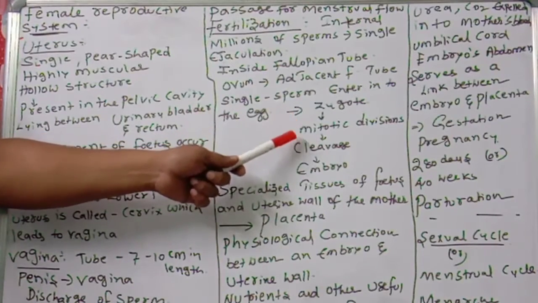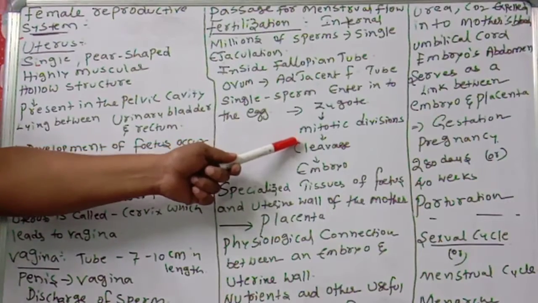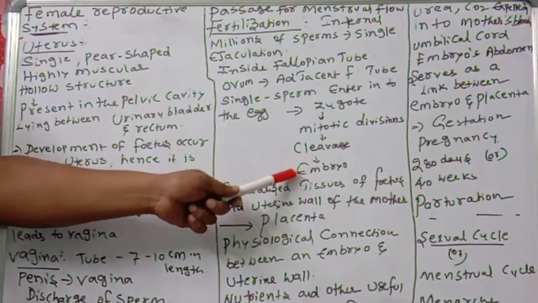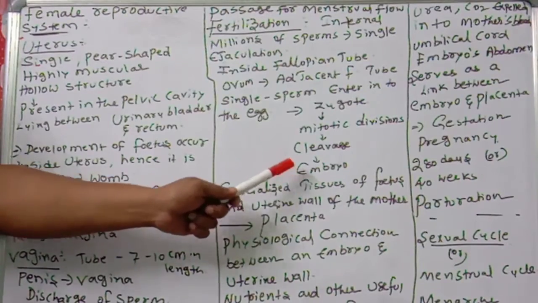Then the zygote undergoes repeated mitotic divisions, cleavages. Then what will be developed? An embryo will be formed.